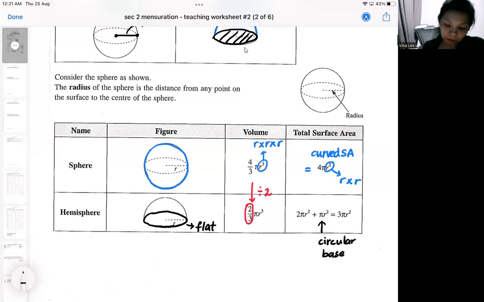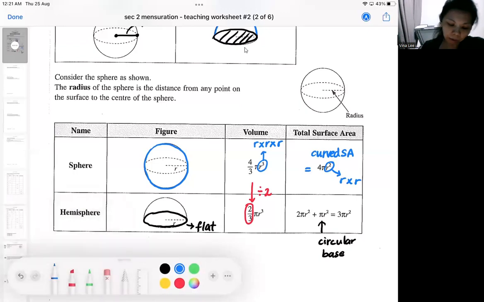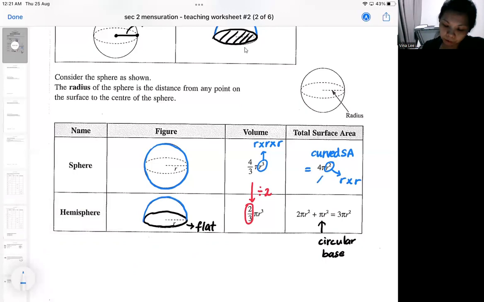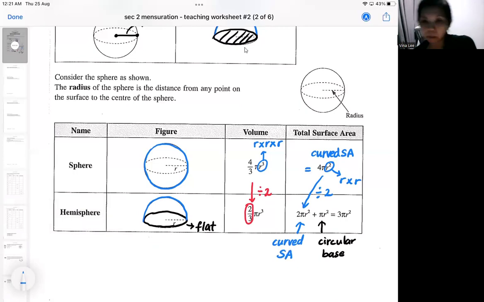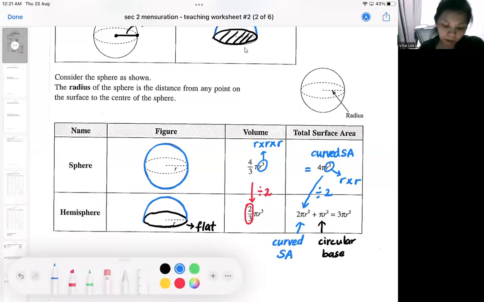There will be a flat circular base, and then a curvy portion. The curvy portion is just divided by 2. This part is the curved surface area. When you add them up, you get 3 pi r squared.